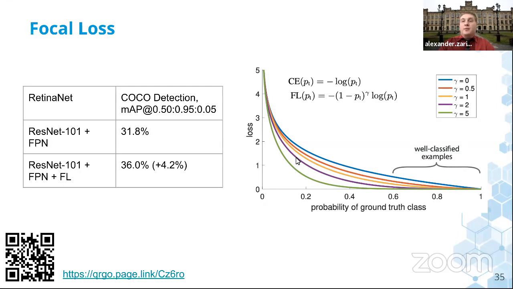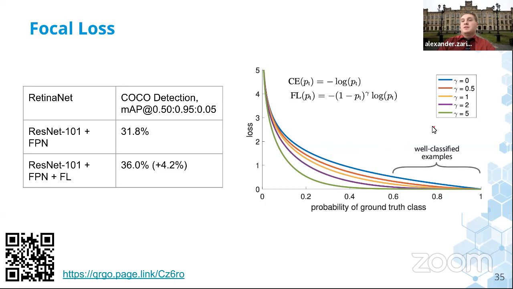So the authors added a simple weight coefficient into the cross entropy loss, which downweights the contribution of such well-classified examples to our loss, and hence makes the optimizer concentrate more on these hard samples.